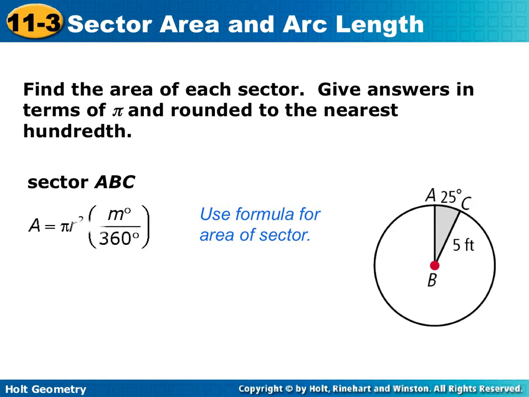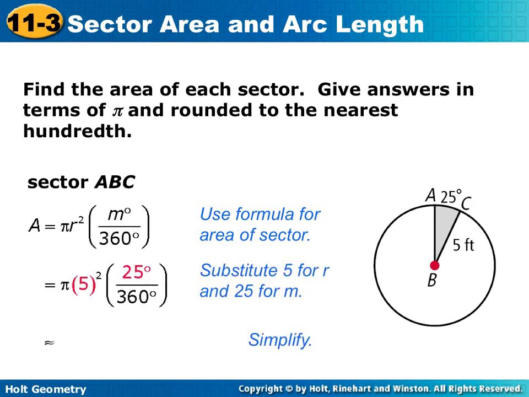One comes out 1.74 times pi, which is 5.45. That's what I got. That formula understandable?